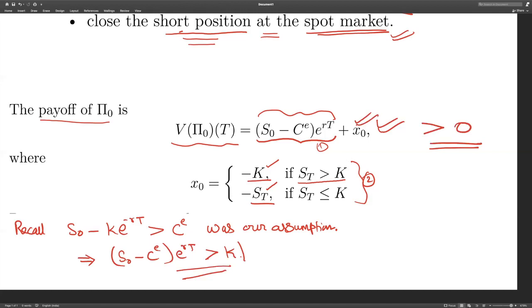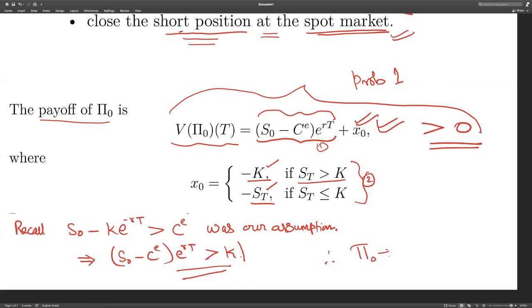And again, you can see that this non-zero value that you obtained is with probability 1. Again, the reason is the same as what we saw in the previous case. Therefore, pi naught is an arbitrage portfolio. This is again a contradiction to our assumption that the market doesn't allow arbitrage, that is, the no arbitrage principle is assumed.